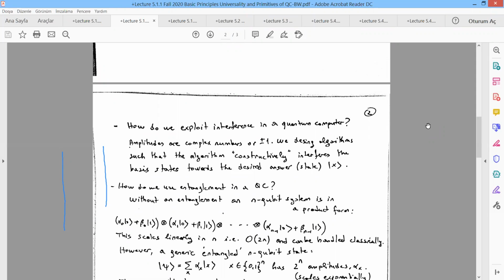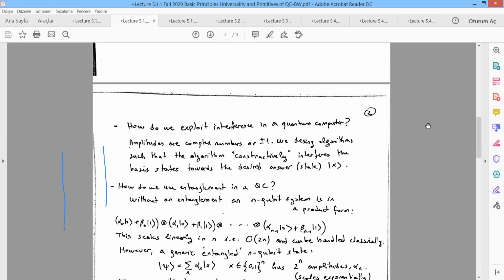So in order to be able to exploit this interference of these terms, we need to design algorithms in such a way that the algorithm constructively interferes the basis states towards the desired answer. The answer will typically be one of these basis states, because when we make a measurement on the output of a quantum system, we get one of the basis states, ket x.